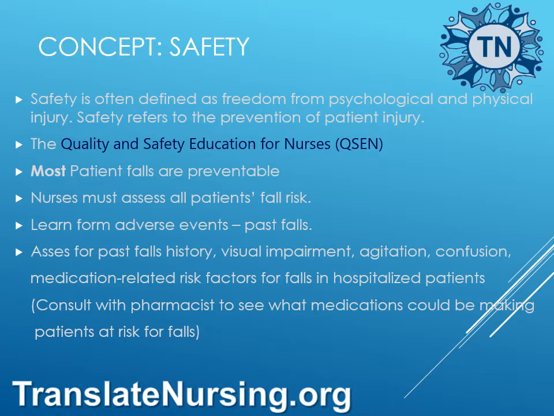This will allow us to identify patients at high risk and lead us to choose appropriate interventions to prevent falls and maintain patient safety. We should encourage a culture of vigilant safety consciousness through continuous feedback and learning from adverse events.